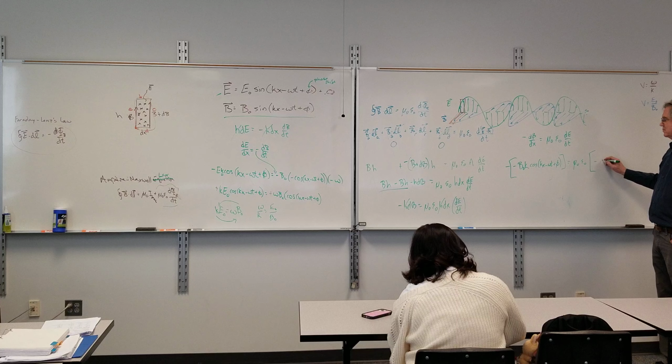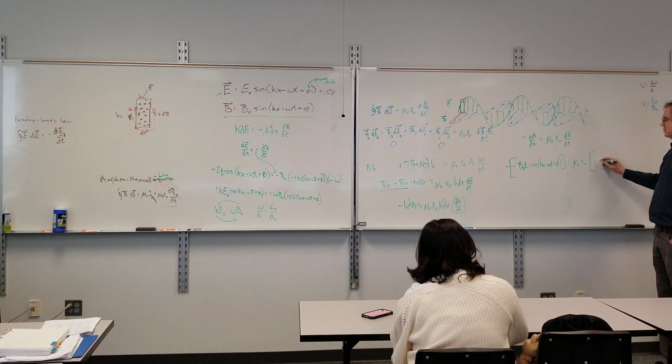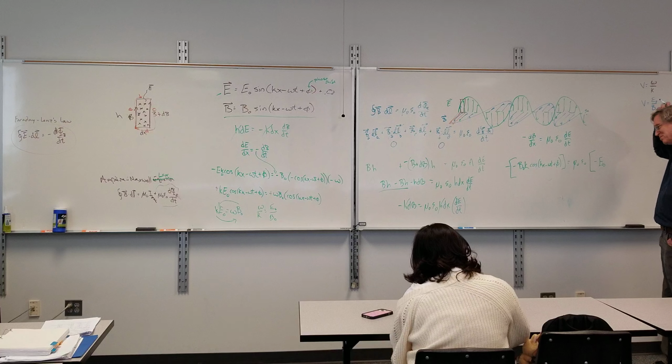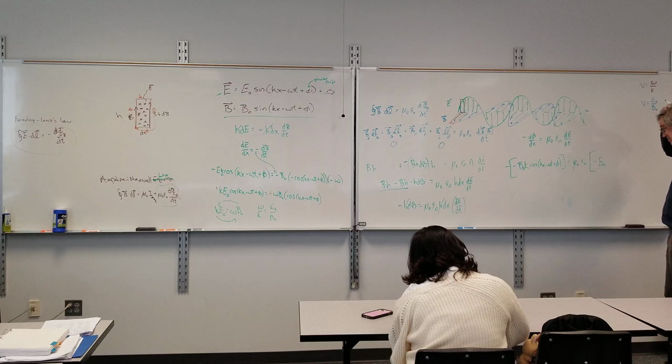Negative E sub naught, E? Would it be E or B? E. Cosine. I guess there's a K there too. No? Okay.